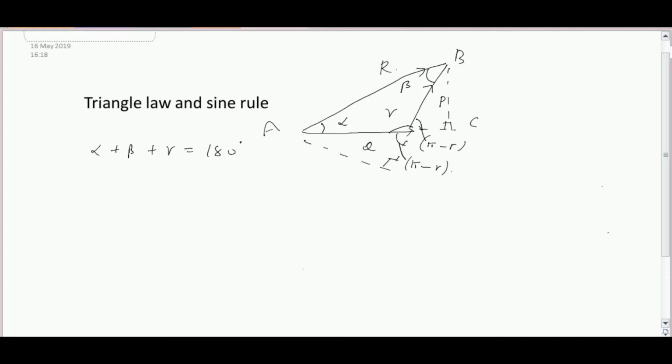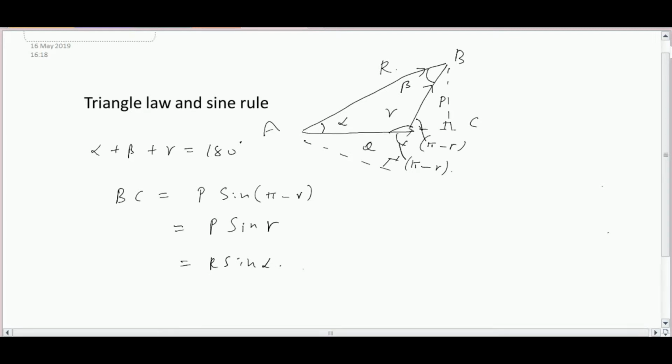Therefore, BC is equal to P sine pi minus gamma, since it is the projection, that is equal to R sine alpha also. If you observe the diagram, R sine alpha is the vertical projection which is equal to BC, and P sine of pi minus gamma, since sine of 180 minus theta is equal to sine theta from trigonometry.